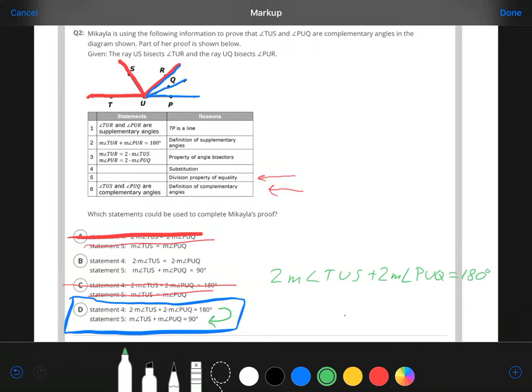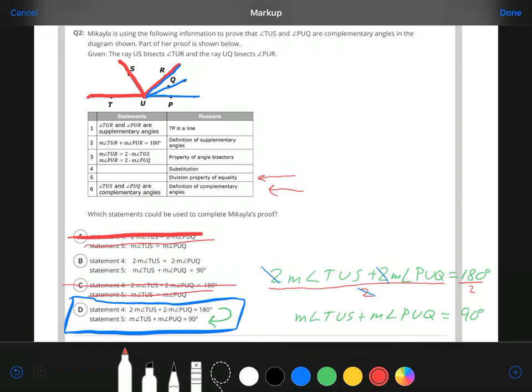So if you divide both sides of the equation by 2, so we're going to divide this entire side by 2 and this side by 2, then all 3 of these 2's cancel out, and we're left with everything else in the numerator, which is measure of angle TUS plus measure of angle PUQ equals 180 divided by 2, which is 90.